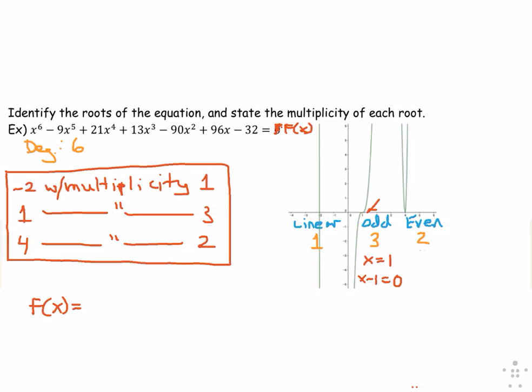I'm reversing what we were doing before with the zero product property. So I would say x minus 1 occurs as a factor thrice, and then here that's x equals 4, so then I switch signs, set it equals 0, so then x minus 4, it was an even root, it occurred twice, and then lastly I have the linear one, that's x equals -2, so then that's x plus 2, and that occurs once, so I won't write it.